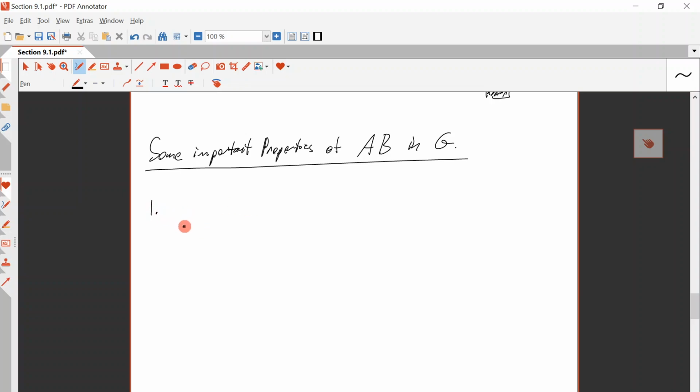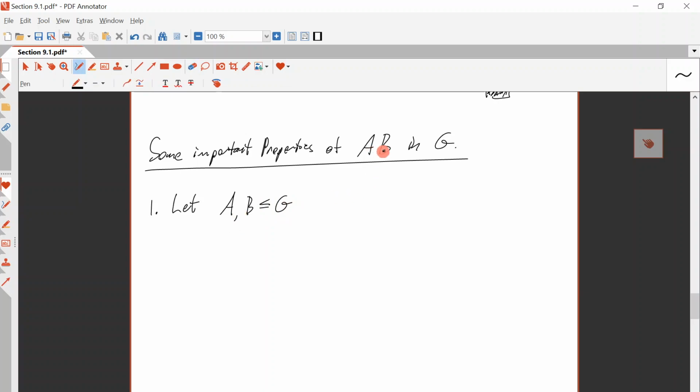So this is an exercise for you, and we'll talk about it later on. So prove that for every A and B, let A and B both be subgroups of G.